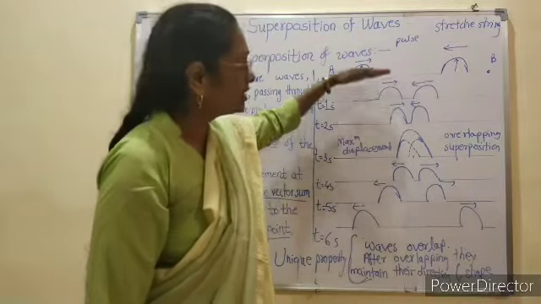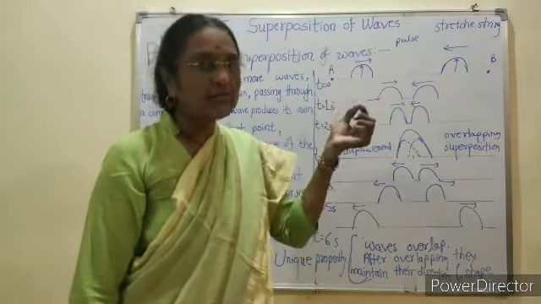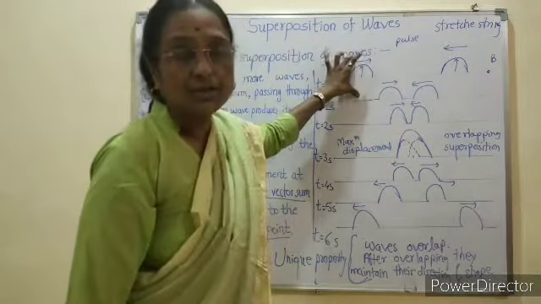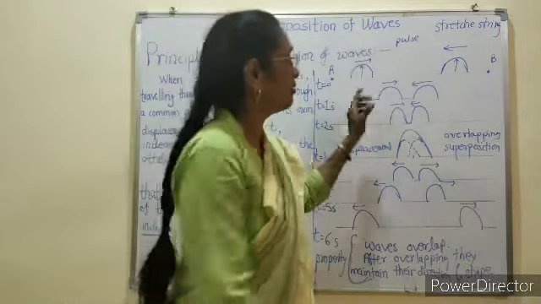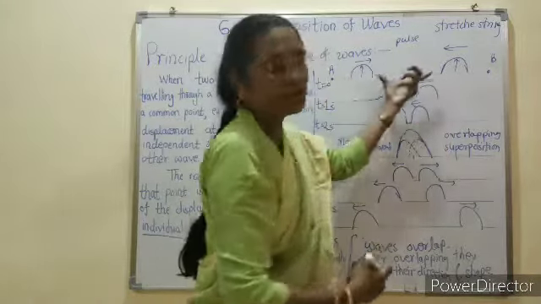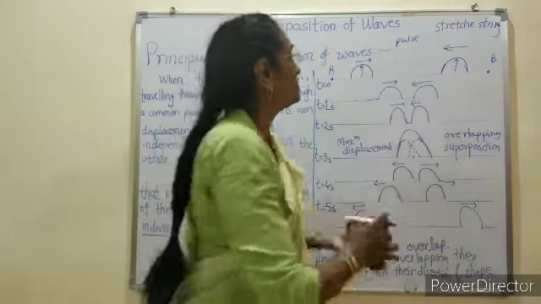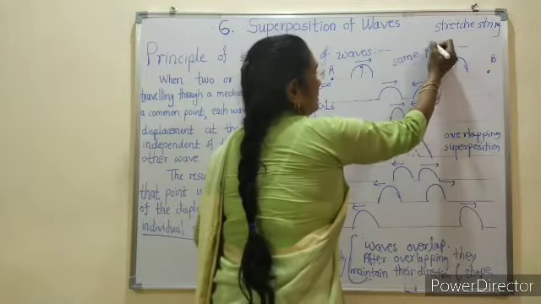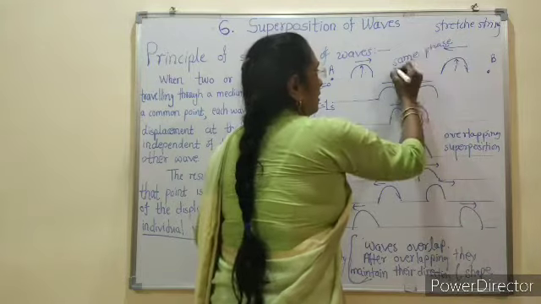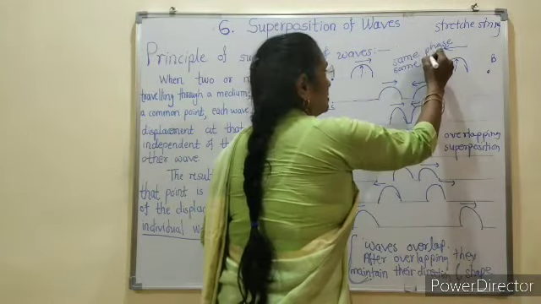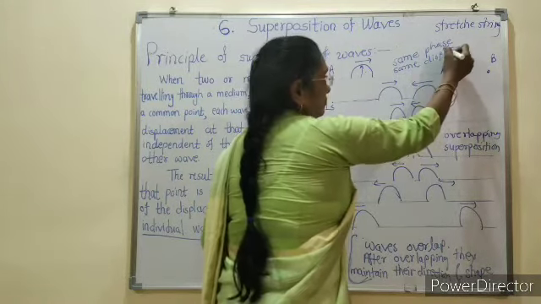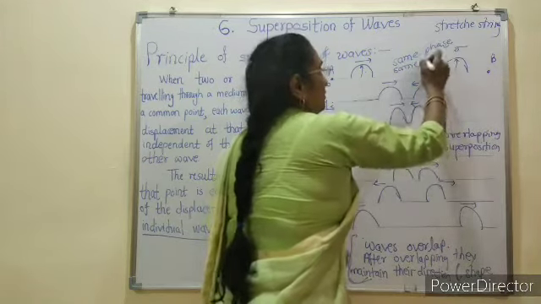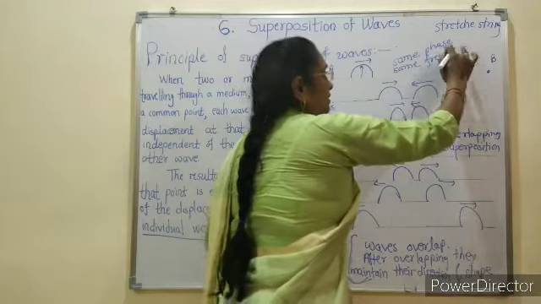Now again we explain by considering some mathematical details here. The two waves are arriving at a point, approaching each other. They have the same phase, the same displacement, and the same frequencies.